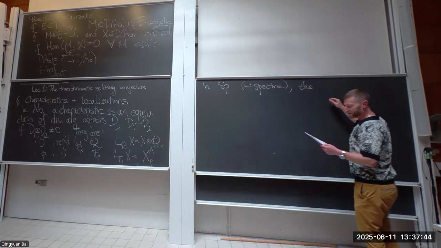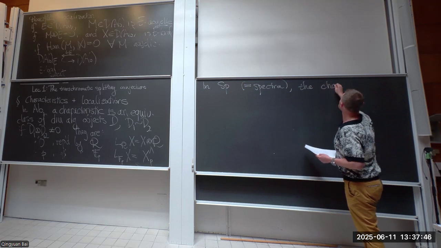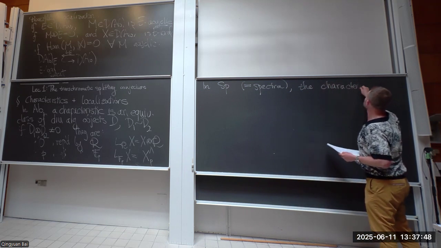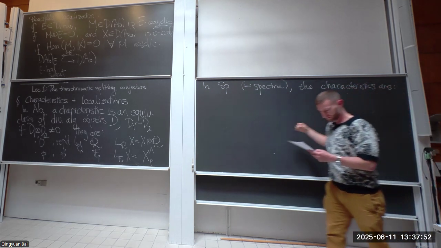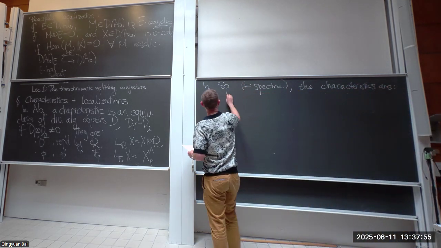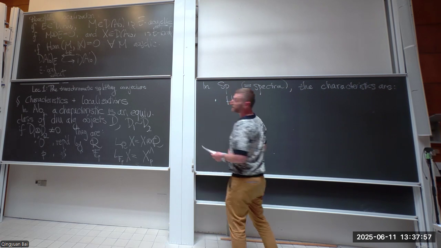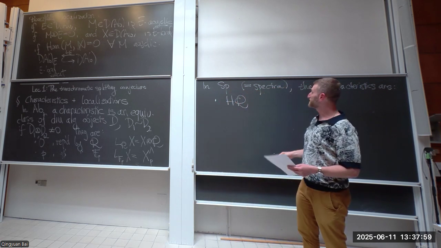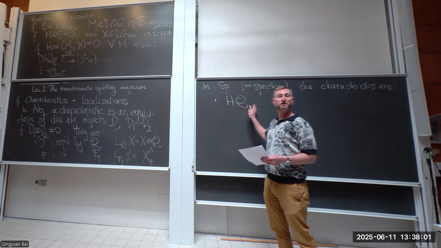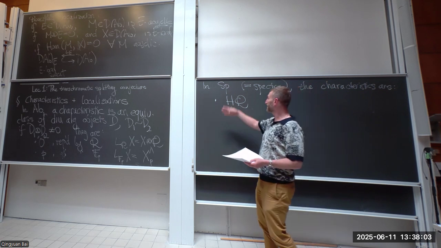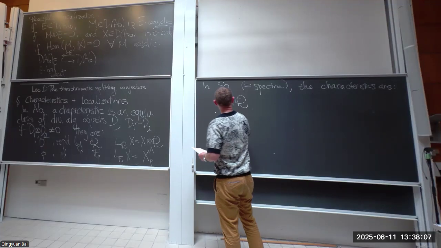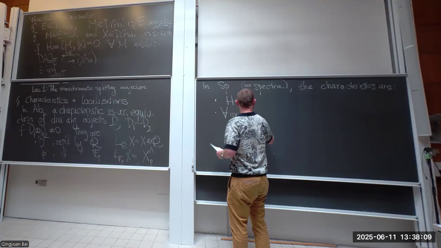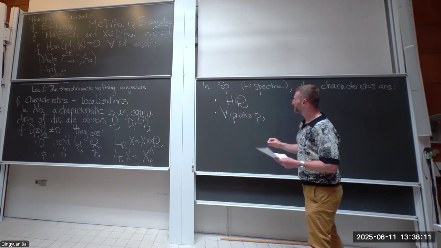The characteristics are, well, we've got this kind of generic characteristic, represented by the Eilenberg-MacLane spectrum HQ. So that's like characteristic 0 here. And then for each prime P, you have a bunch of other characteristics.